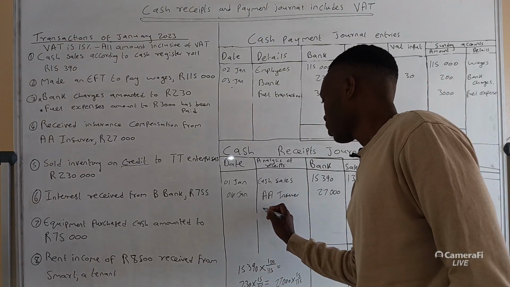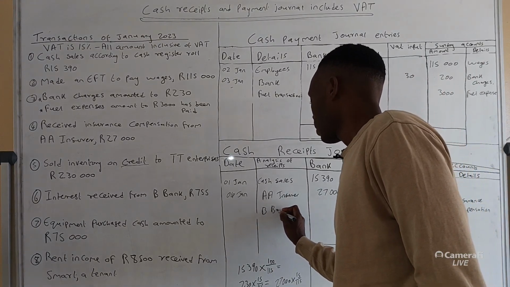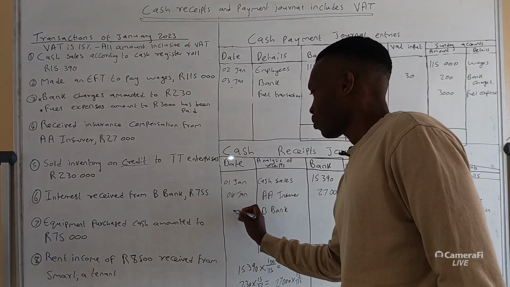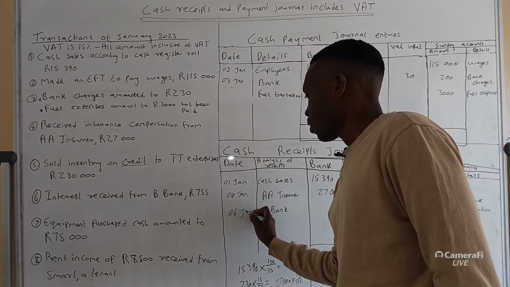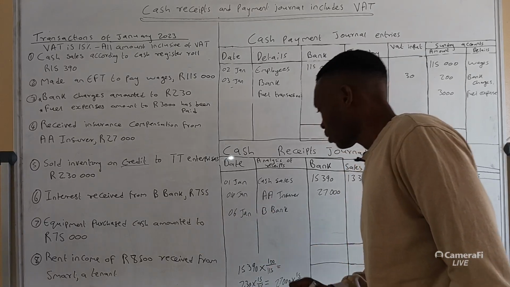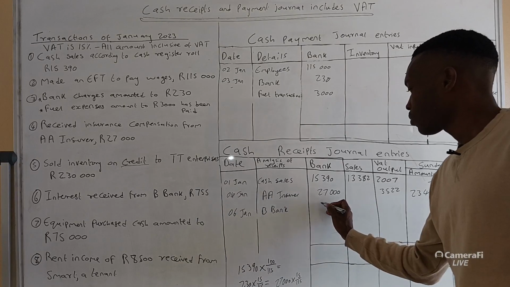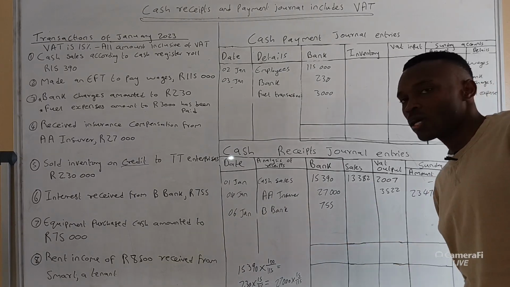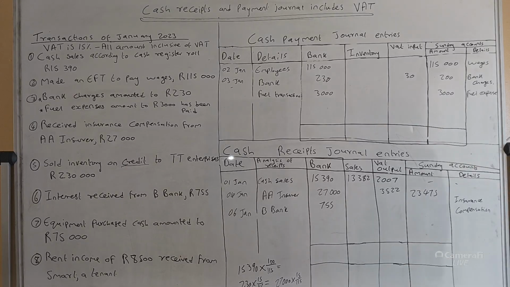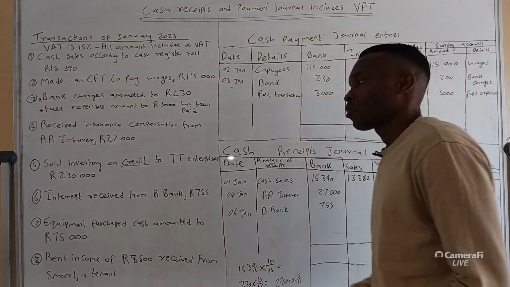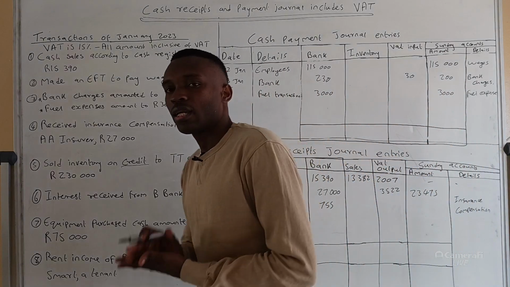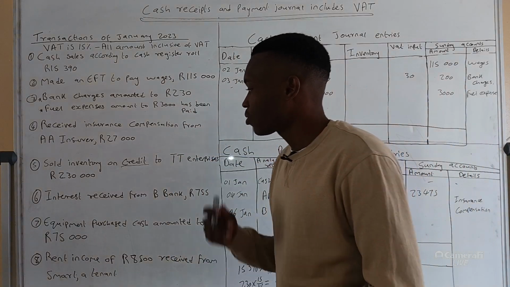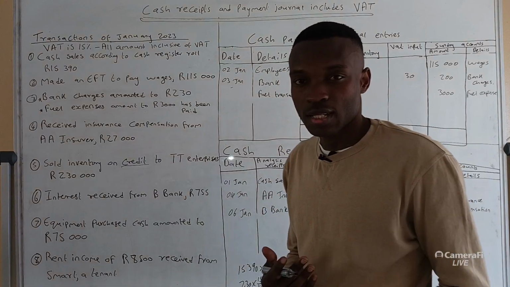Okay, number 6, interest received from B Bank. Okay, we receive interest from B Bank on 6 January. Okay, then the amount is 755. Now the other question is, do we have to calculate VAT for interest? No, they don't charge us VAT for interest. Why?